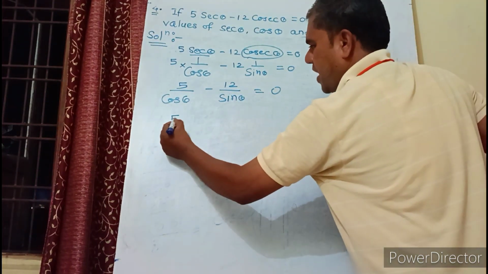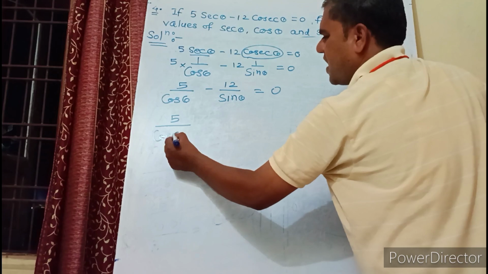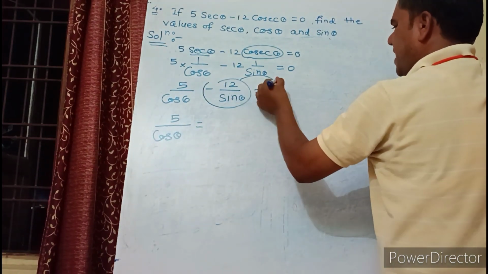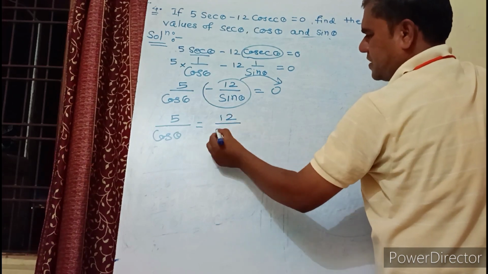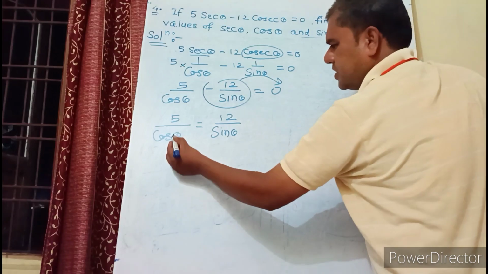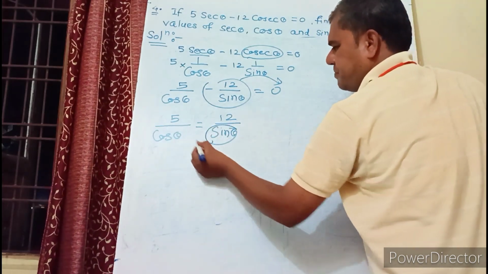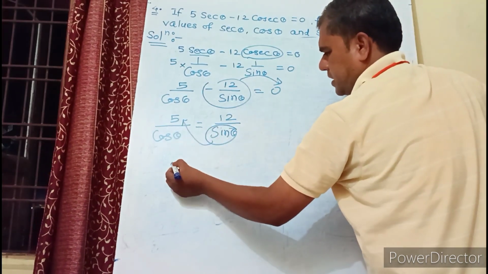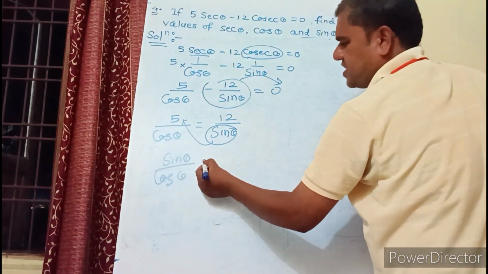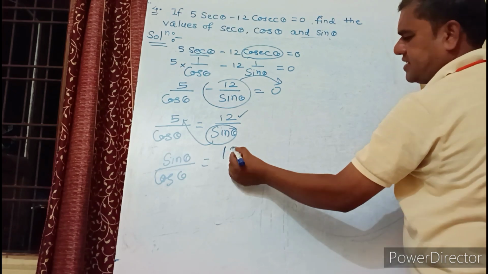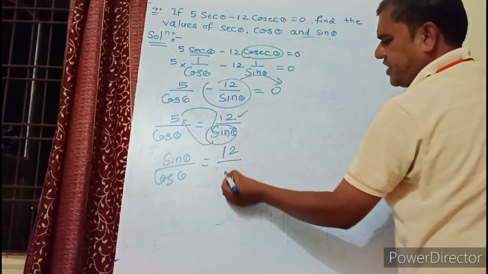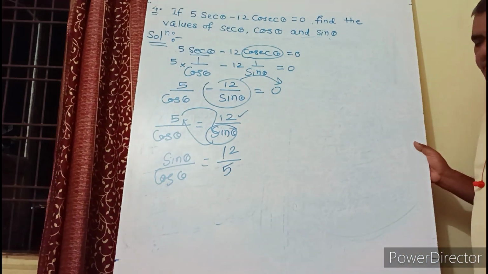Now this will be 5 divided by cos theta is equal to 12 by sin theta. It is shifted to the right hand side and becomes plus 12 divided by sin theta. Now this sin theta will be shifted to the left hand side, so sin theta divided by cos theta is equal to 12 by 5.